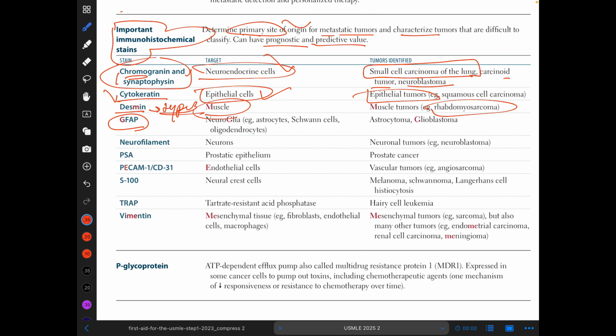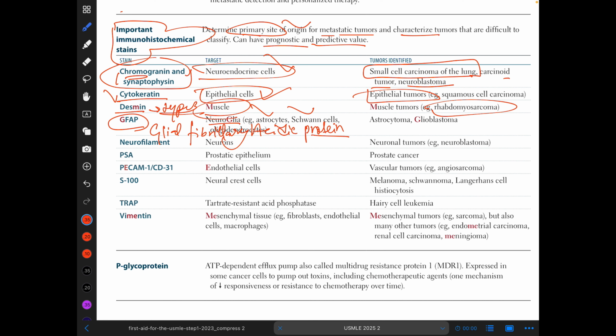Now there's one more thing, GFAP. What is GFAP? GFAP stands for glial fibrillary acidic protein, and it will stain neuroglial cells like astrocytes and oligodendrocytes, but it is a hallmark of astrocytes and that type of glial cells in the central nervous system.